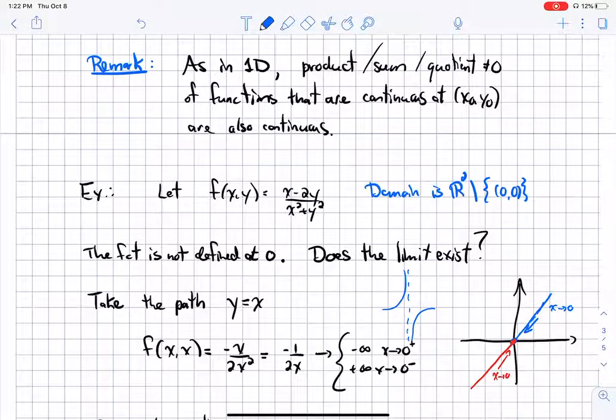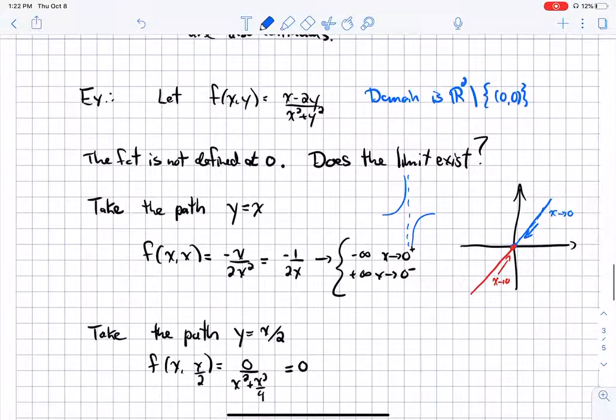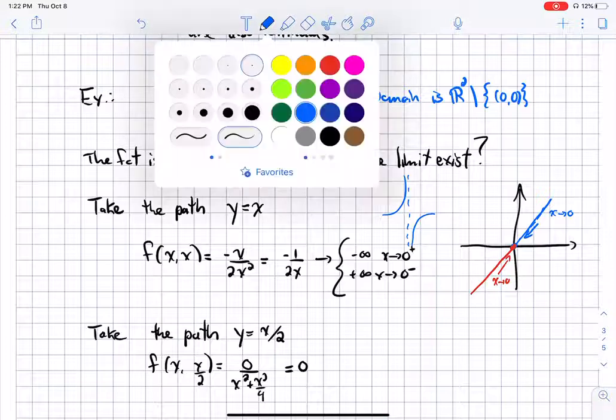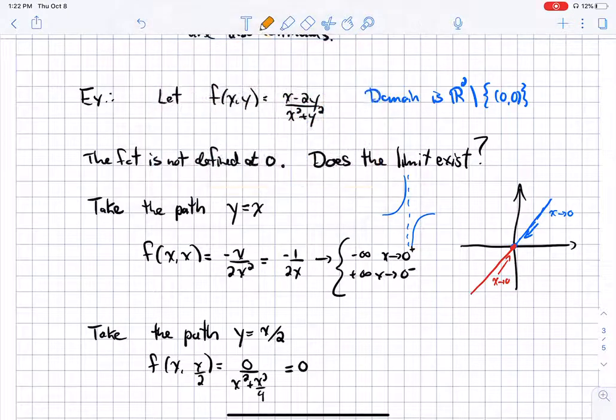It's worse, because if I take the path y equals x over 2, what's the path y equals x over 2? It has slope one half, so it's like this. So I approach the point from a slightly different direction. Now what happens is x minus 2y, when I plug it in, gives me 0. And the denominator is non-zero when I approach.